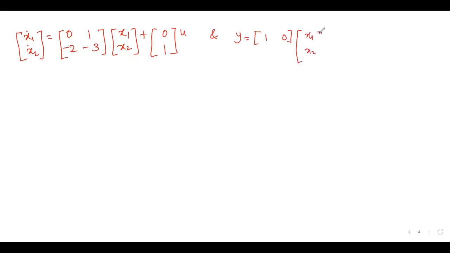So you'll get one big question of 12 marks in the semester exam. In this type of question, you have to calculate the state transition matrix, find the zero input response, zero state response, total state response, and the output response.